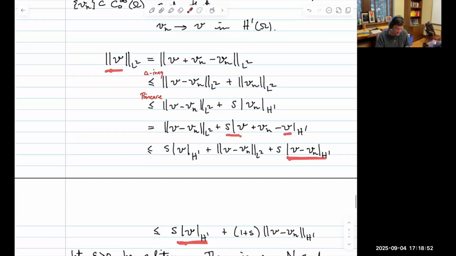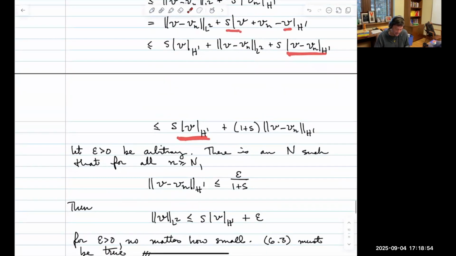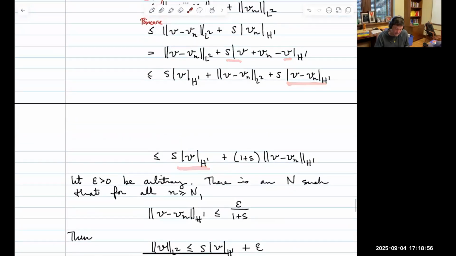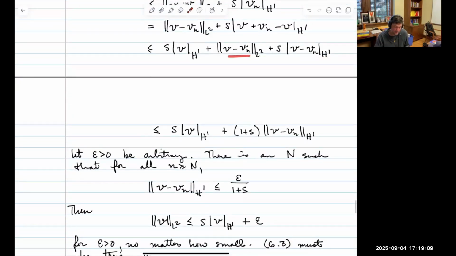So that's what I want. I really want to show this is less than that. But remember I said that the H1 norm has an L2 norm built into it, and it also has the seminorm built into it. So both of these are less than the H1 norm of the difference inside. So this is less than 1 plus S times the full H1 norm.